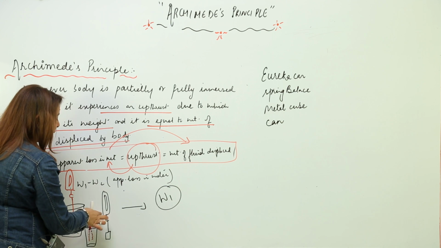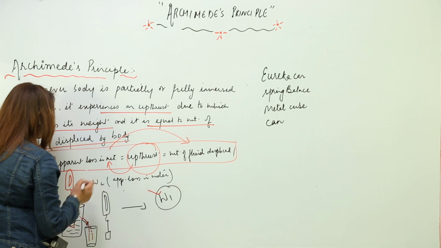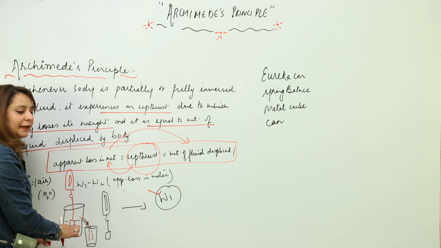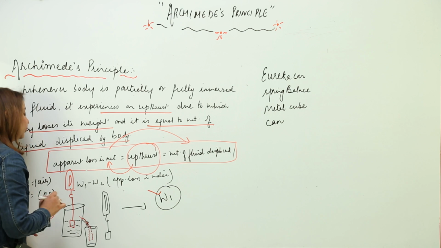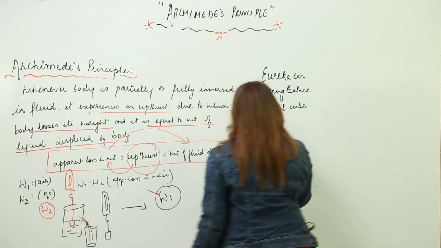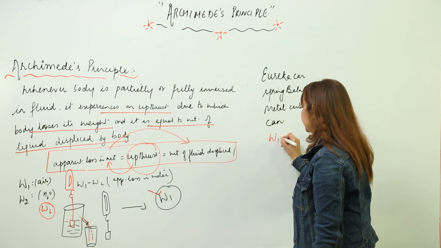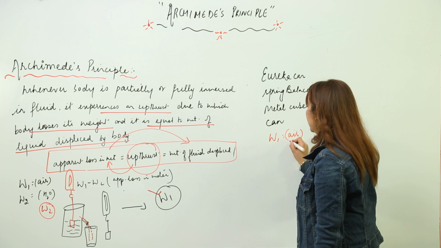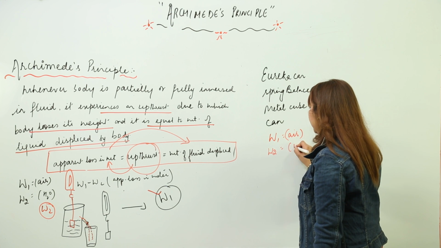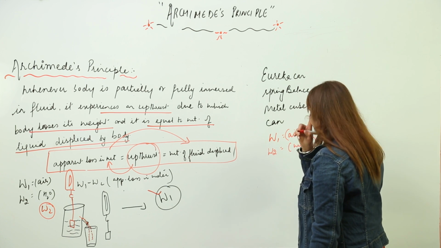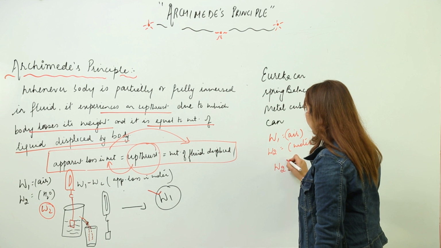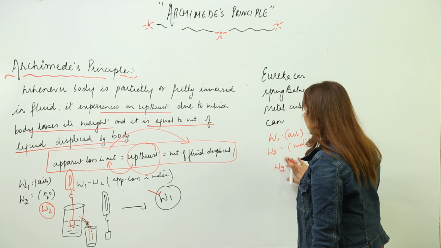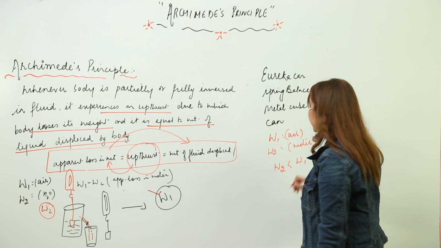Let's say the weight was W1 in the air, and when it was suspended in the Eureka can, the weight is W2. W1 is the weight in air and W2 is the weight in water. We have seen that obviously the weight in water is less than the weight measured in air.